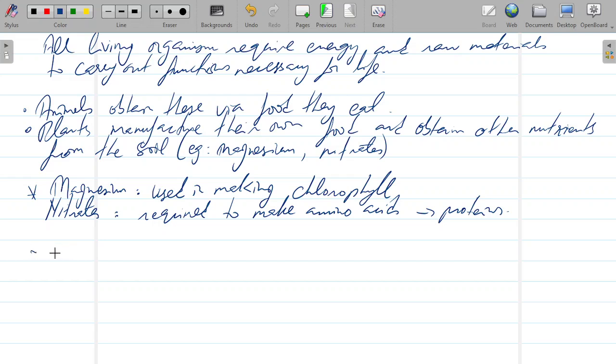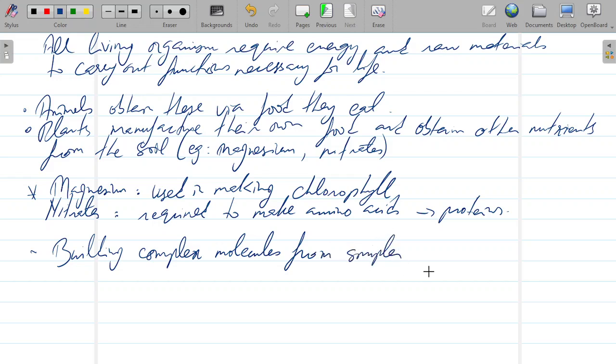So building complex molecules from simpler substances, right, is called synthesis.